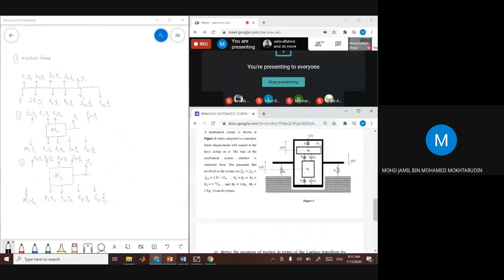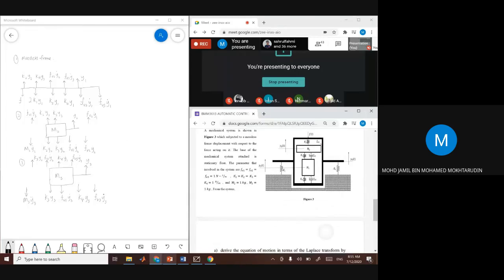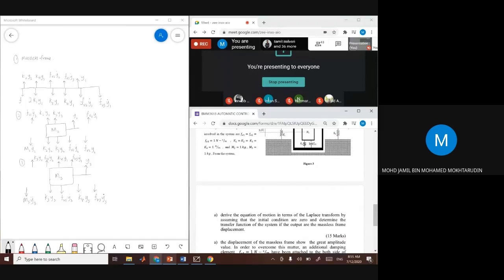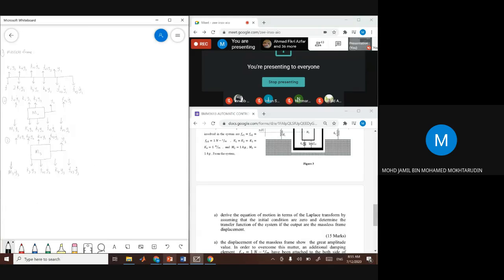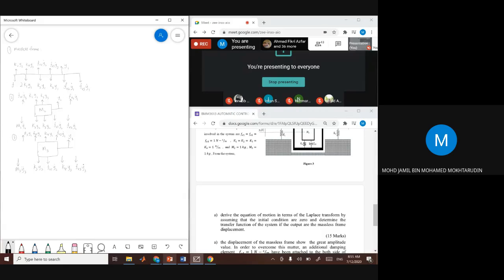And then arrange, you can write the equation of motion, because they want the equation of motion in terms of Laplace transform.